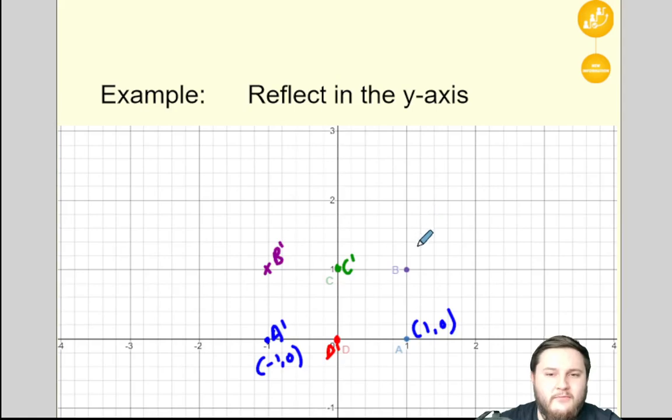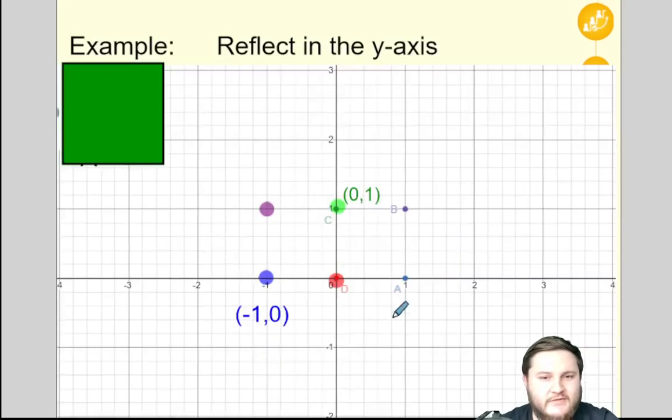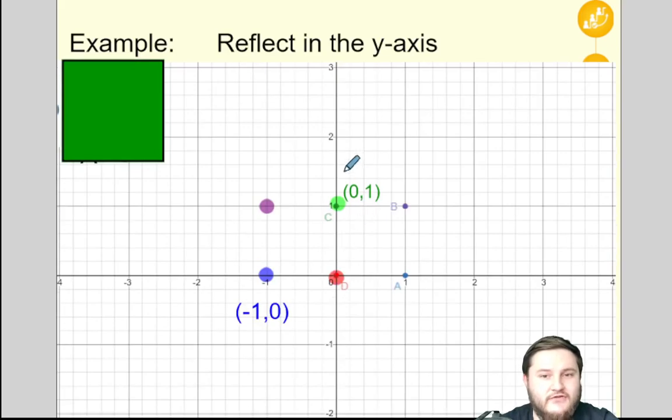And B has gone from being (1, 1) to being (-1, 1). Right? But the other coordinates haven't changed. So this is what you end up getting.